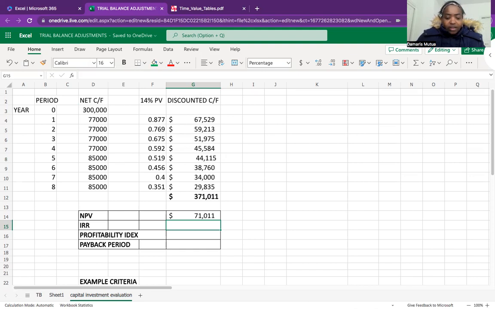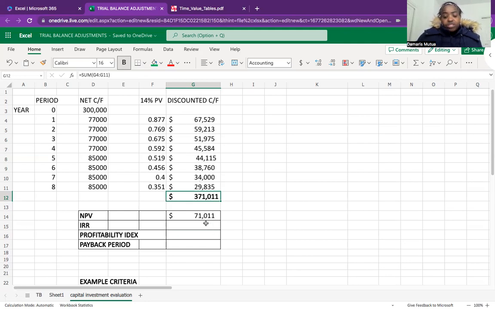We said IRR is a discount rate that equates the net present value to 0. So our present value here needs to be the same as the initial investment, 300,000. So it needs to be a discount rate of more than 14%. So maybe you try 14%, 16%, 18%.